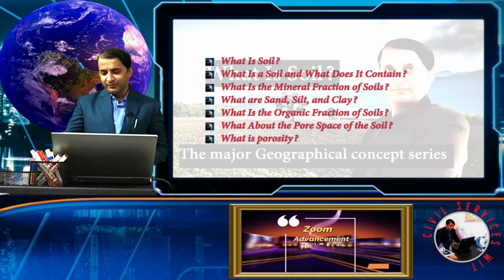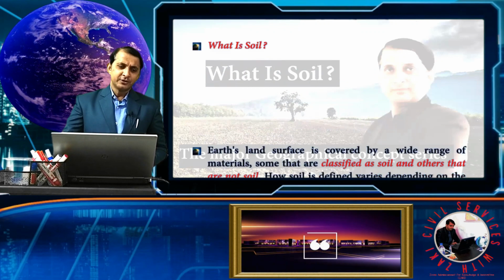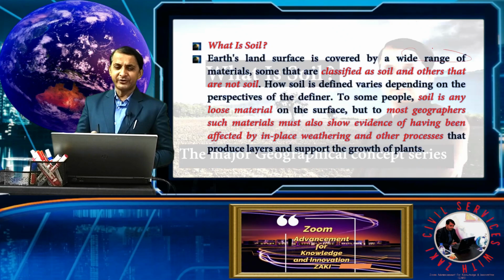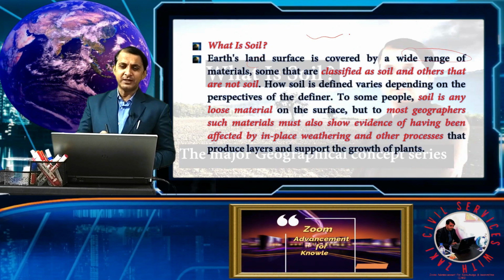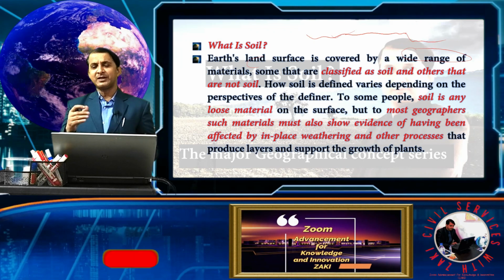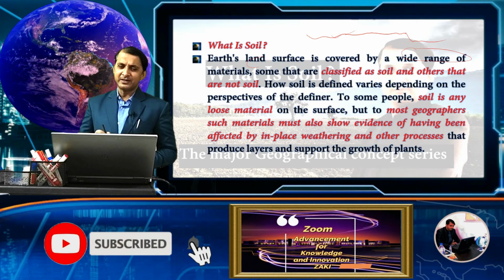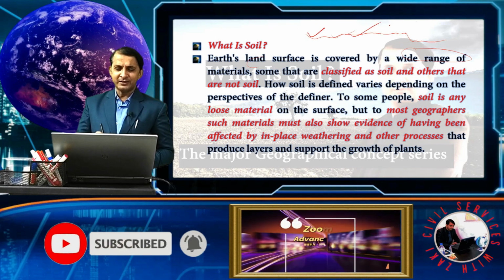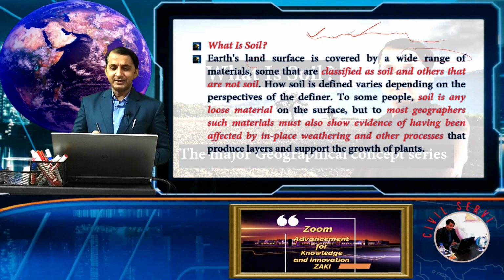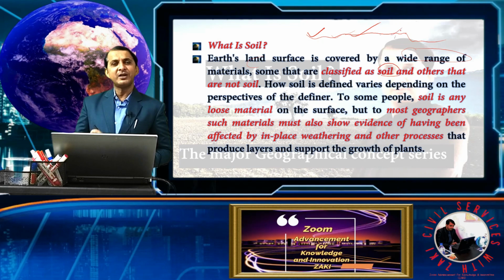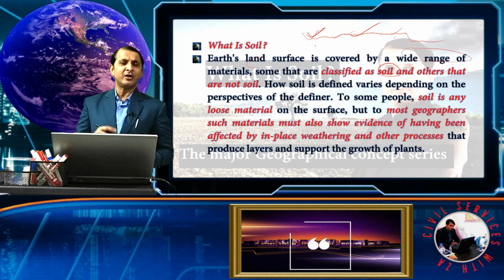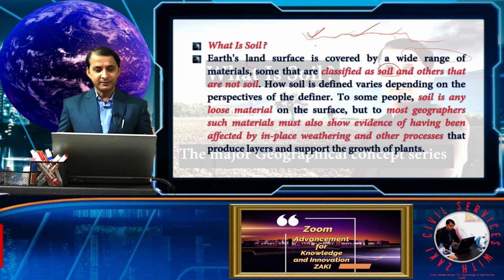So let's move forward and see what soil is. The earth's land surface is covered by a wide range of materials. If we see the earth's land surface, you can find various types of materials present, whether it is rock, soil, or other things. But some are classified as soil, and others, like rocks and other things, are not soil.